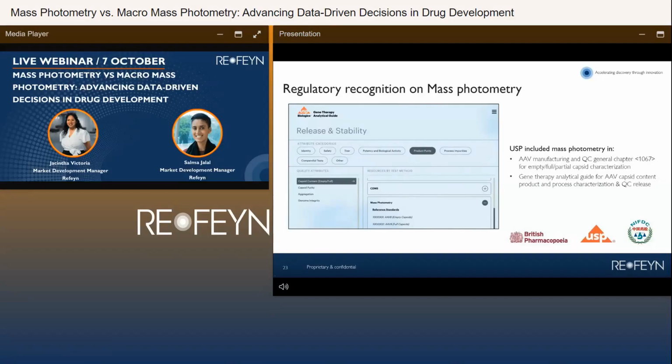And finally, NIFDC, which is the FDA equivalent in China, they've recently released a publication or published an article where they've highlighted the significance and reliability of mass photometry for measuring the purity attribute, again, the capsid loading or capsid content of AAV samples.